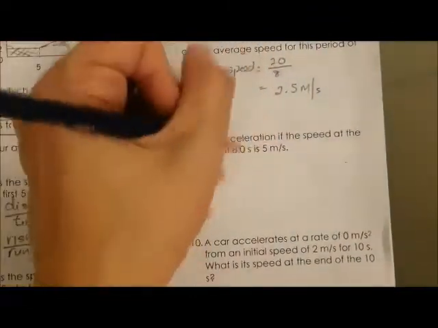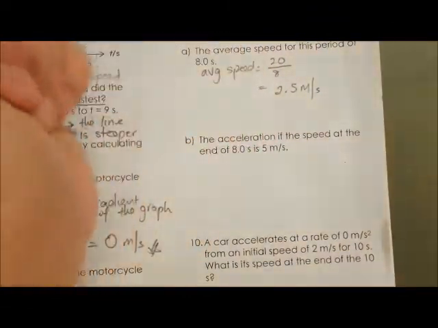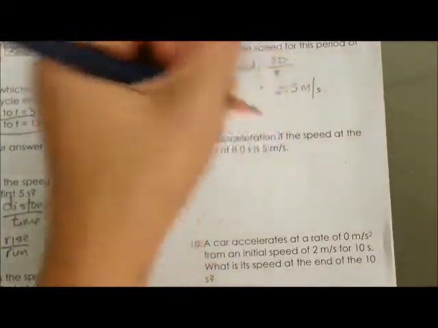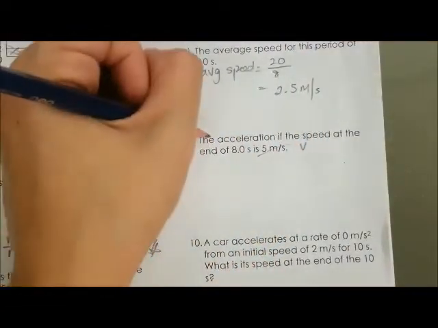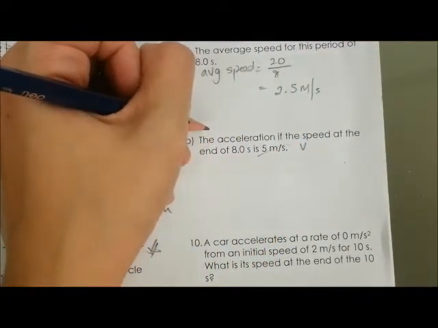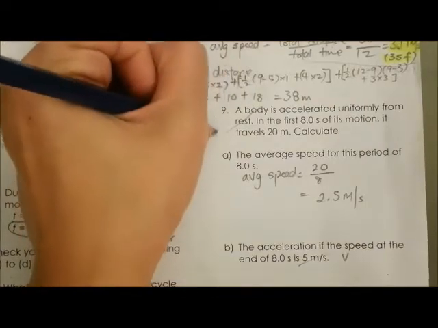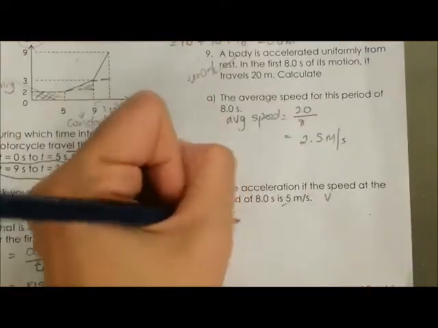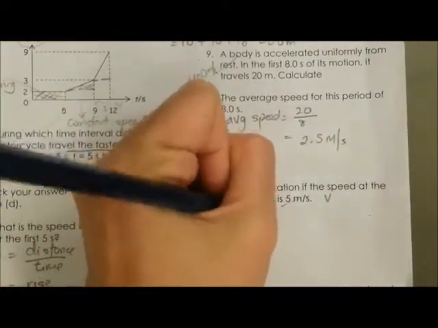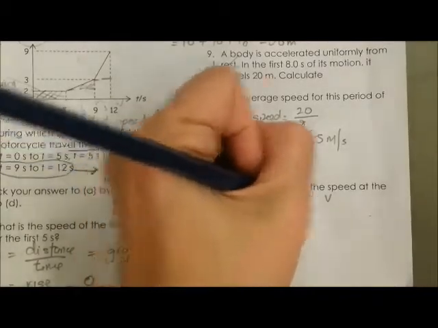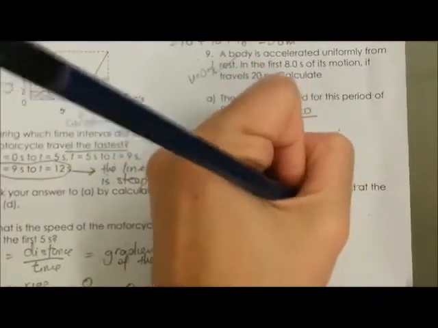And the acceleration, if the speed at the end is 5, so at the end is 5, this is v. So initially accelerated uniformly from rest, you see the words from rest, initial u is 0. So acceleration is v minus u over time.